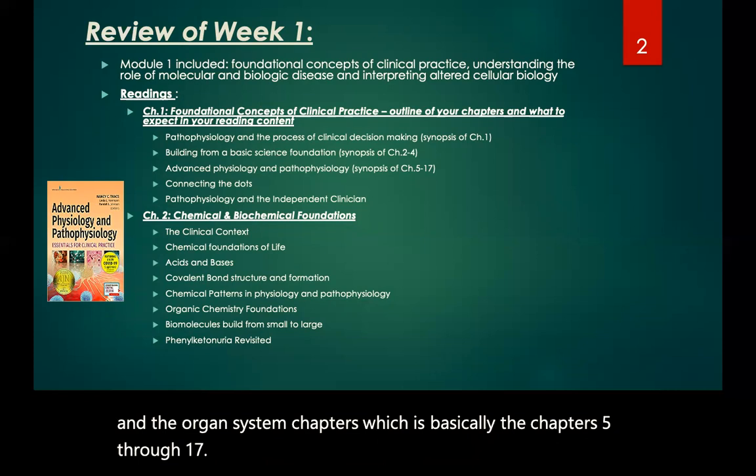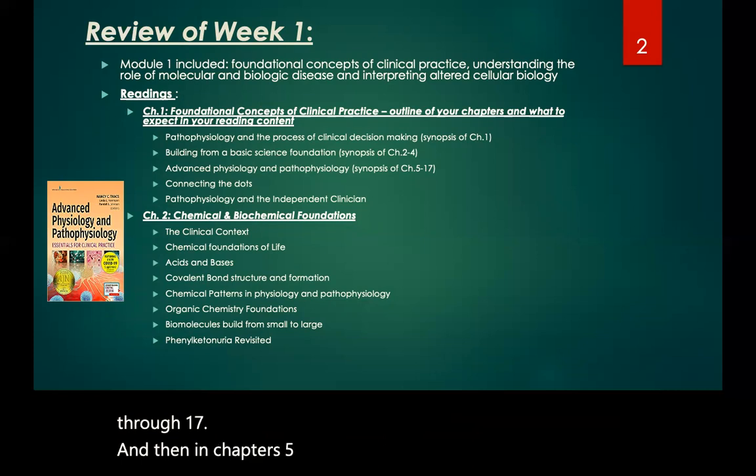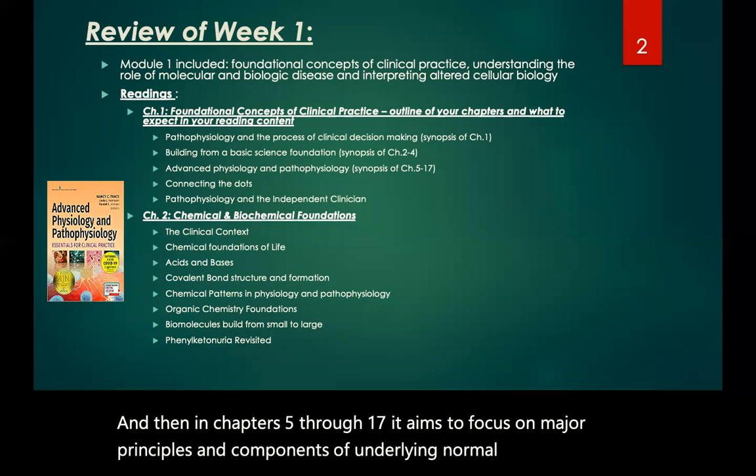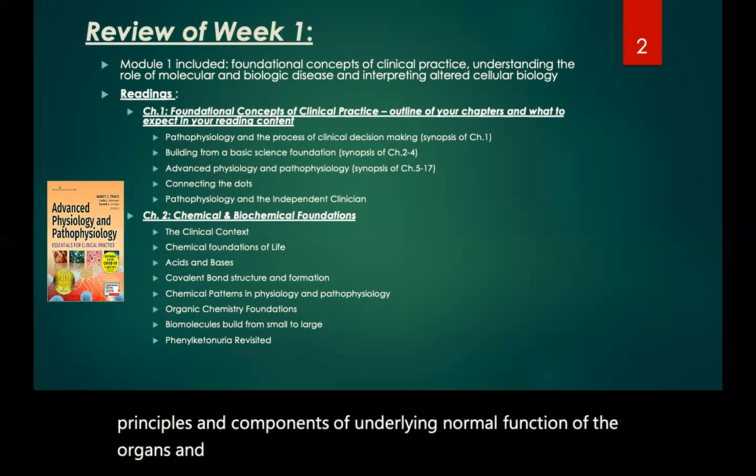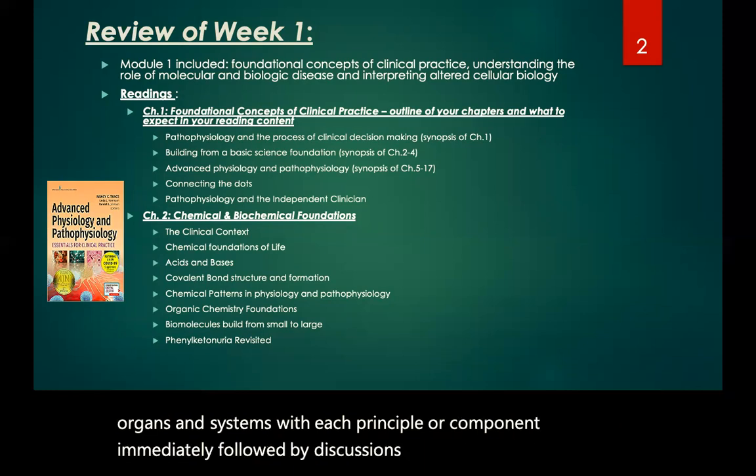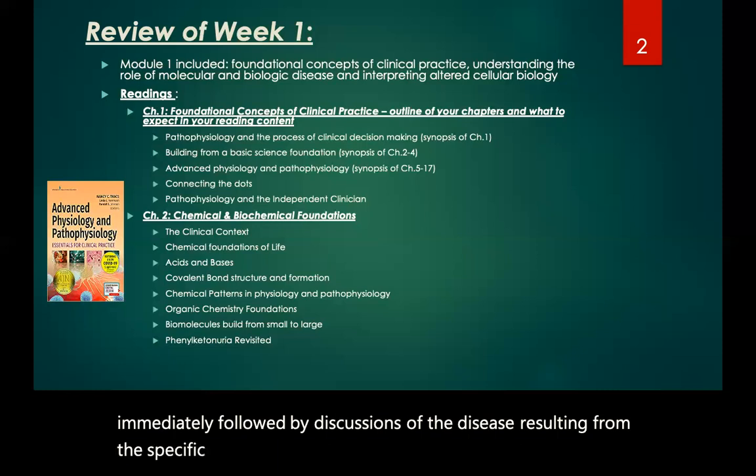Chapters 5 through 17 aim to focus on major principles and components of underlying normal function of the organs and systems, with each principle or component immediately followed by discussions of the disease resulting from the specific pathophysiological alterations in that particular principle or component.